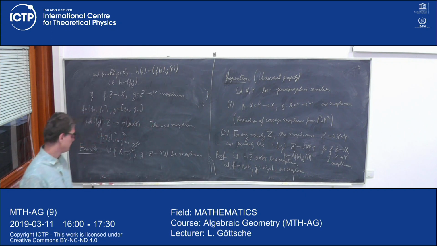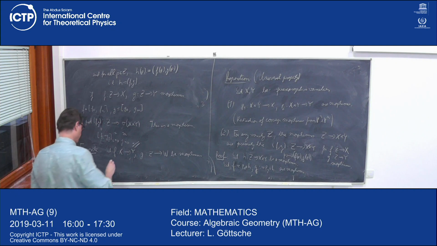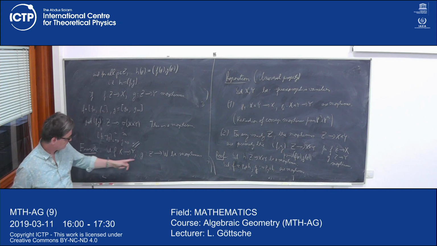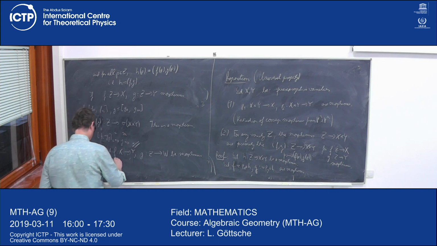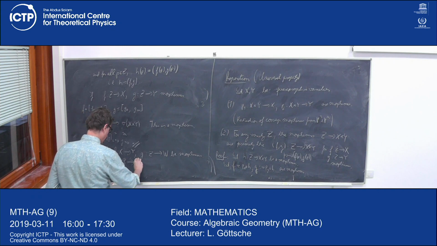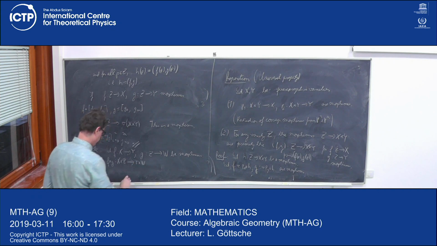Then I can take the product morphism, which I denote like this. So F times G means the first maps to the first, the second to the second. So from X times Z to Y times W.